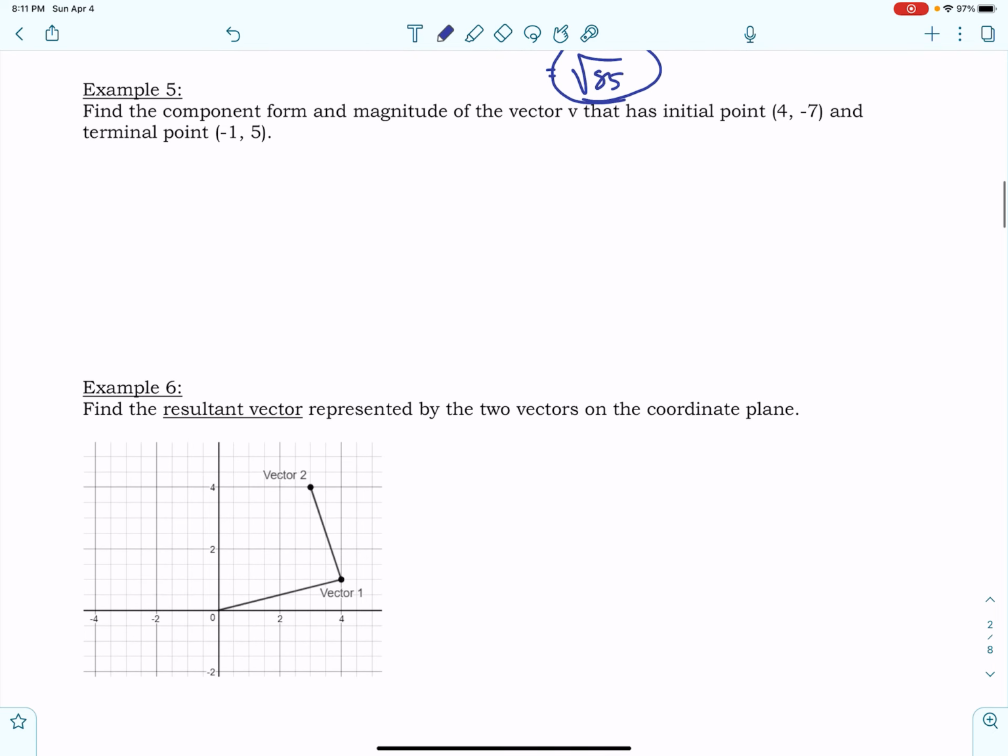And then we've got example 5. It tells me to find the component form and the magnitude of the vector. And it's vector V with an initial point 4, negative 7 and a terminal point negative 1, 5.